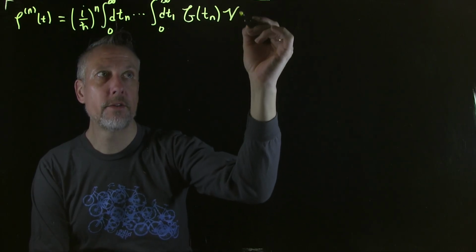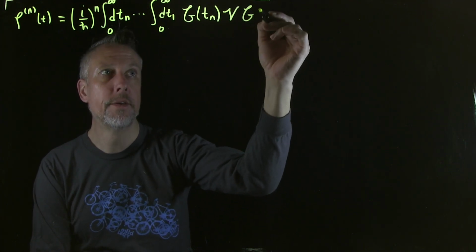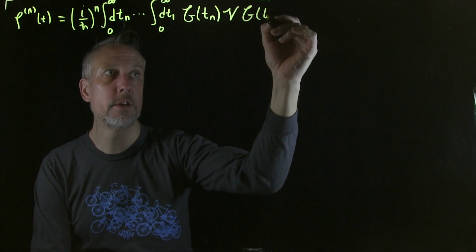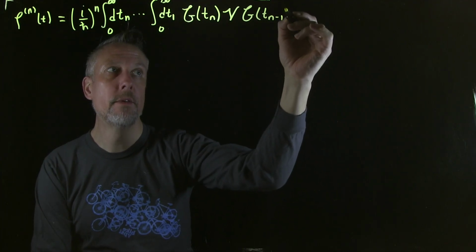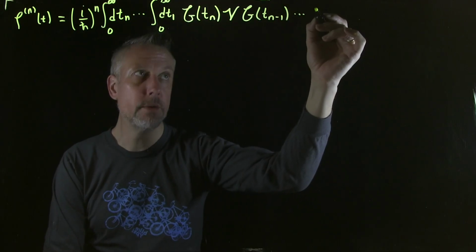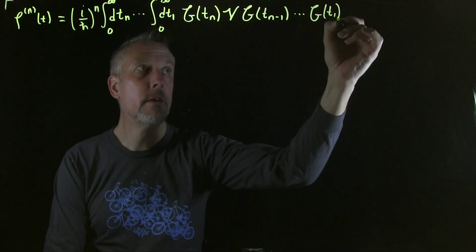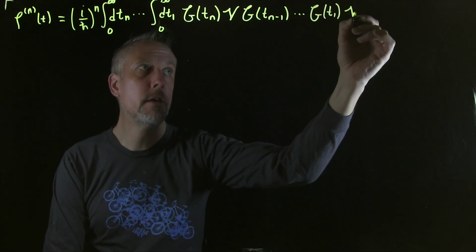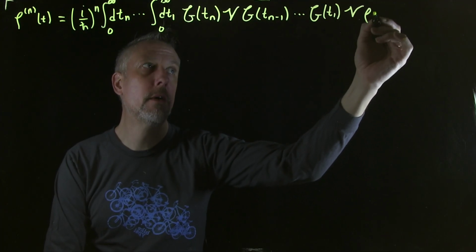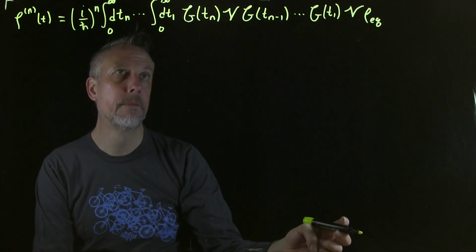And they're alternating. So you have the Green's function, interaction, Green's function at the time interval before, and so on, down to G of t1, V, and rho equilibrium or minus infinity, they mean the same thing.